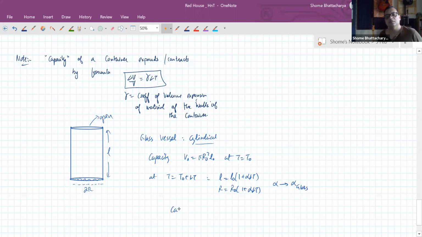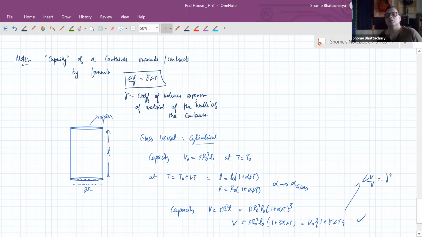So its capacity, if you calculate that, you'll see that is nothing but V naught (1 plus gamma delta T). So you can see that delta V by V is gamma of glass into delta T.